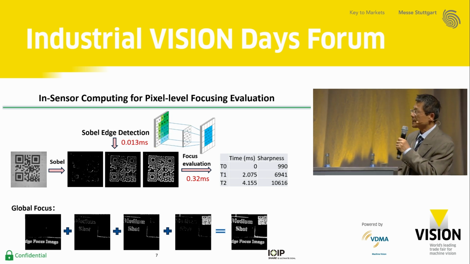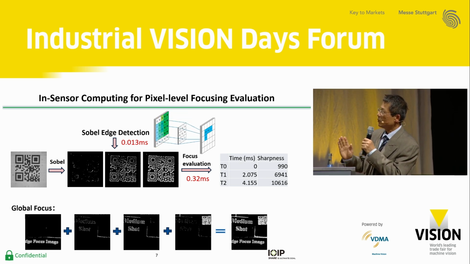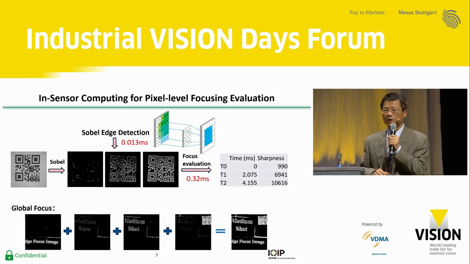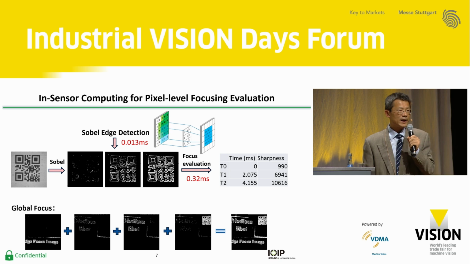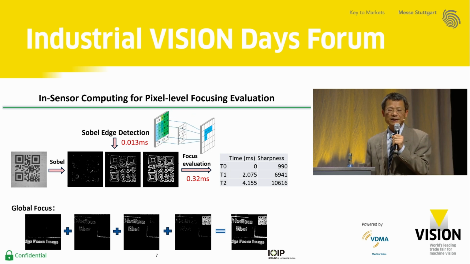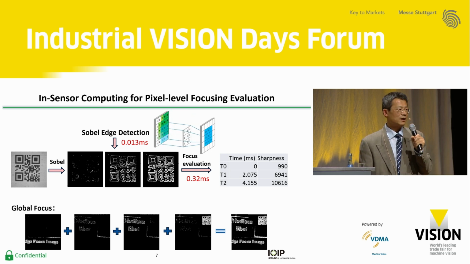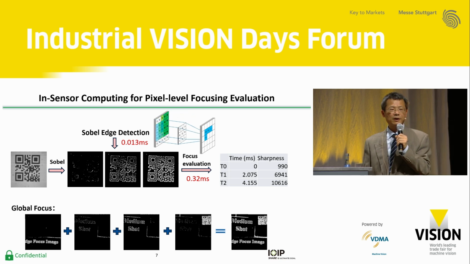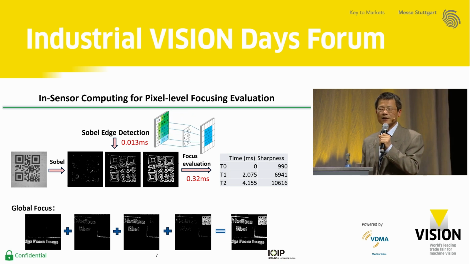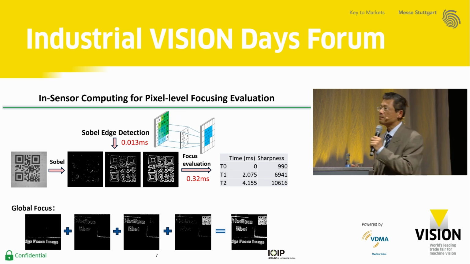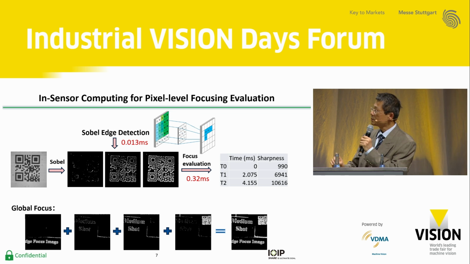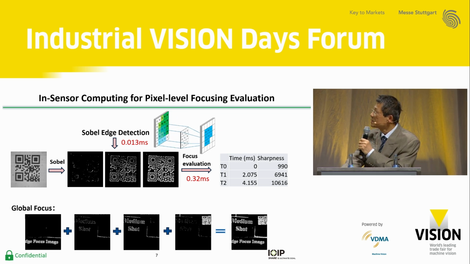We take 4 pictures, and every one of them has a partial clear image, a focused area, because the surfaces are at different distances from the sensor, so some of them are blurred.